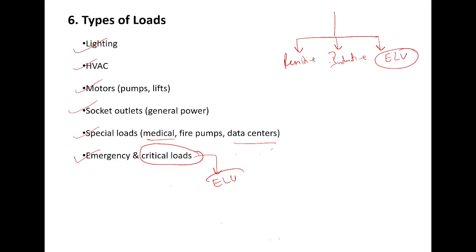Most of the total connected load will be your inductive load, which includes motors, because in your building there will be many ACs, lifts, and many other equipment also. So motors consume most of the total connected load power. Okay, so these are the types of load.